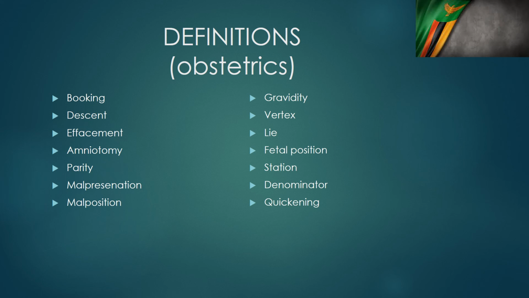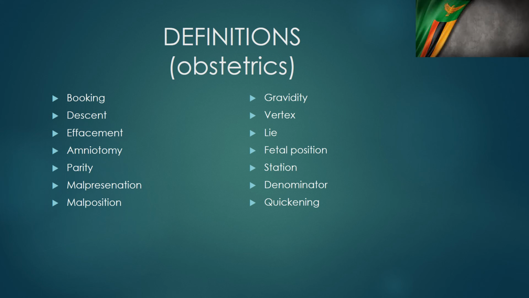If you are looking at the breech presentation, for instance, the denominator is the sacrum. So we can say it's right sacro-anterior, right sacro-posterior, and so on, because the sacrum is an anatomical landmark called the denominator that we are using to define the orientation of the presenting part in the pelvis.